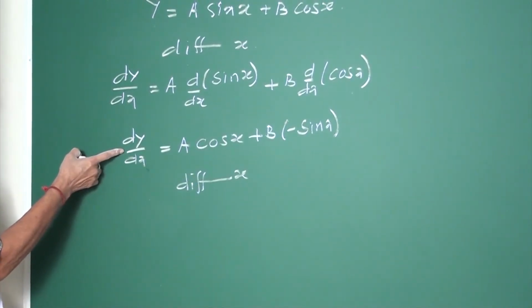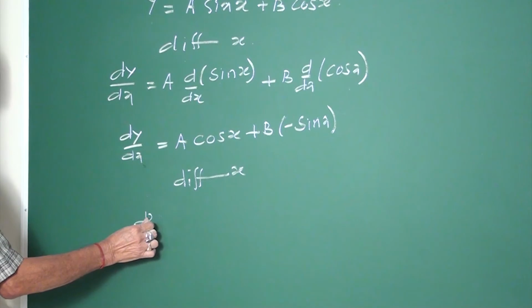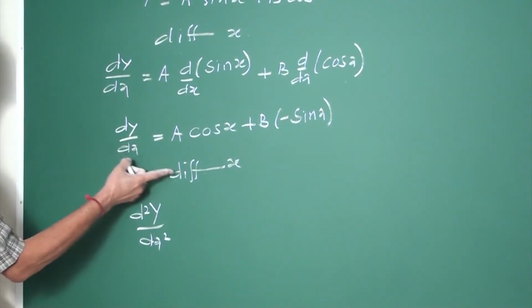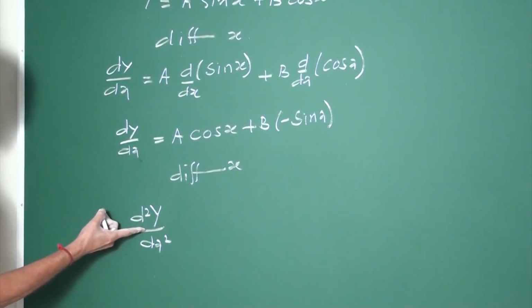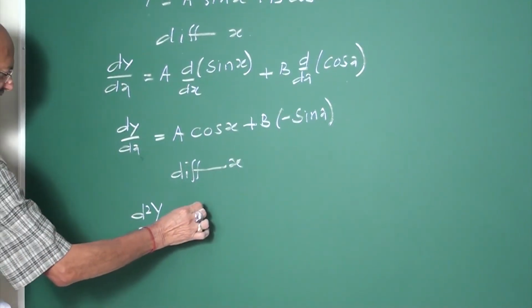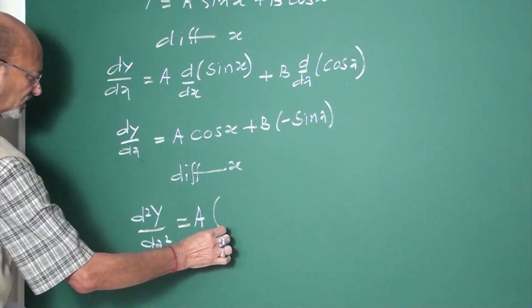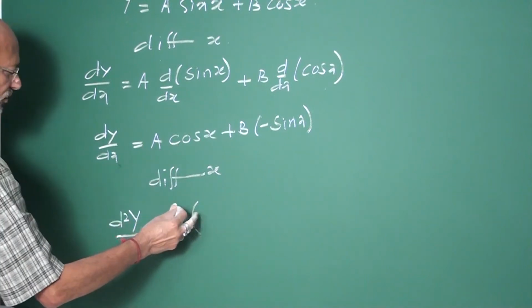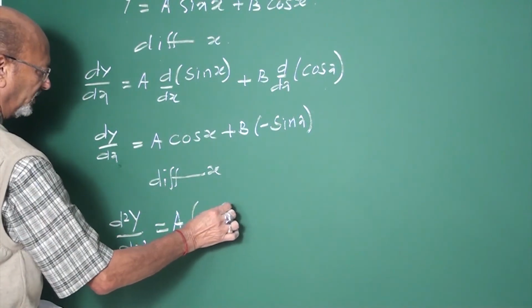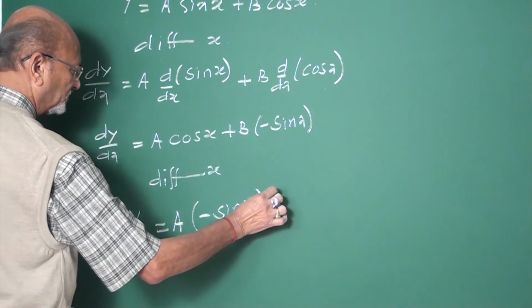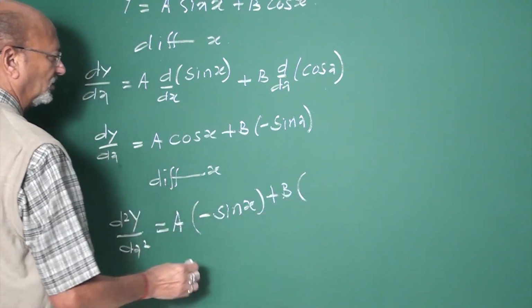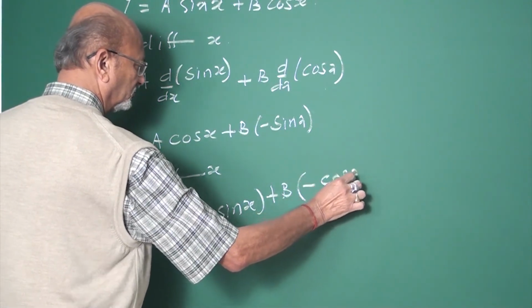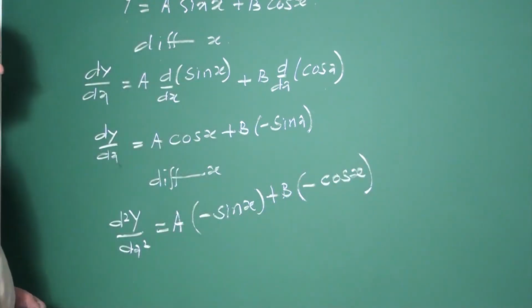Differentiate this first derivative to get the second derivative: a into the derivative of cos x, which is minus sin x, plus b into minus the derivative of sin x, which is cos x.